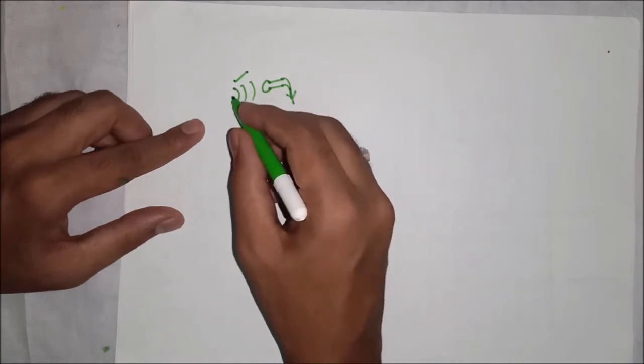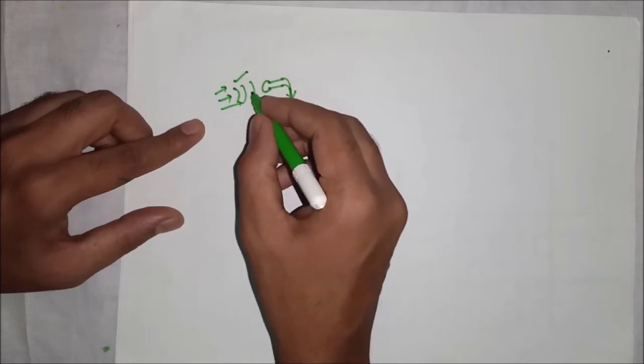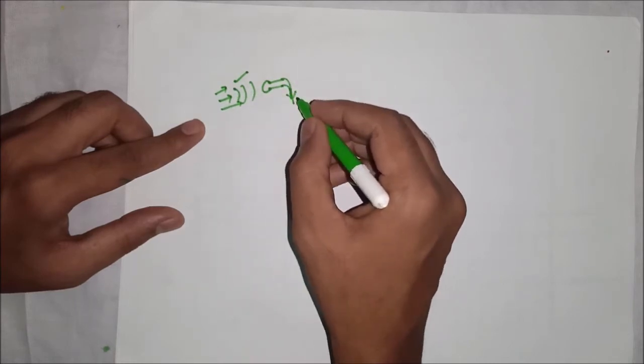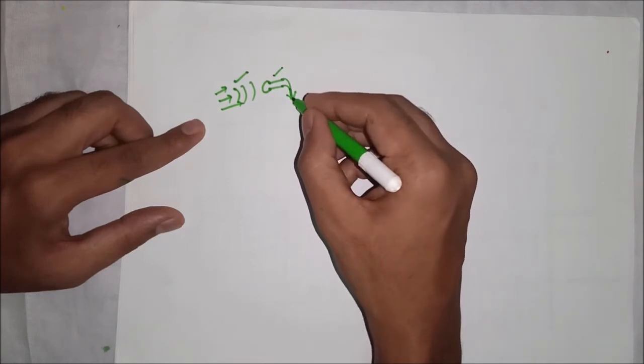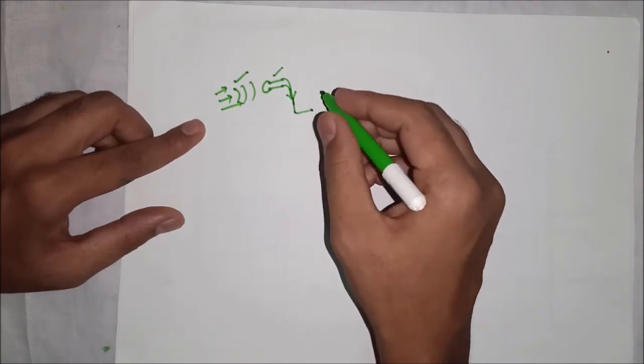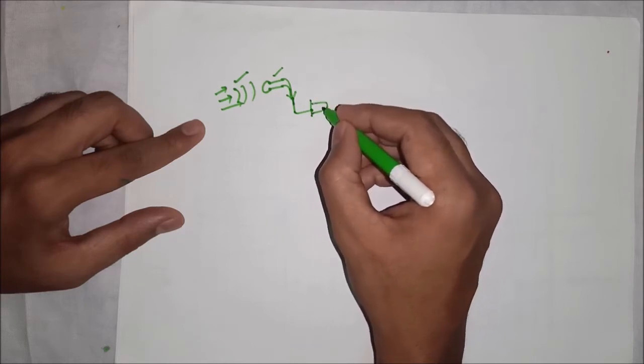So whatever the sound I am producing here, sound energy, that will be converted into electricity. So that is the work of the mic. And this electricity is now connected to the LED bulb. This is the LED bulb we have.